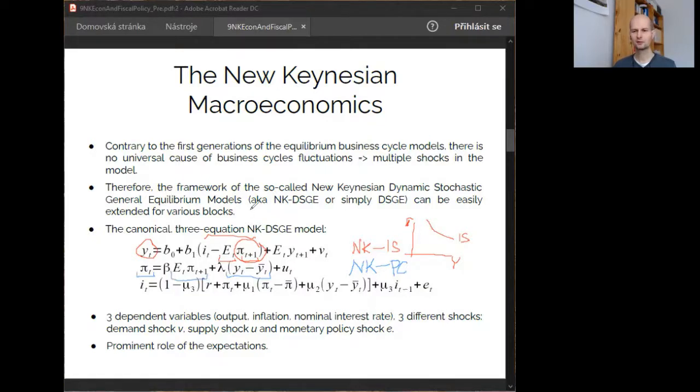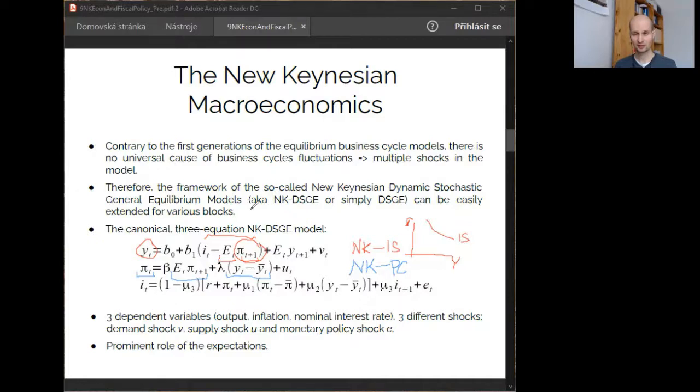By this, the new Keynesian Phillips curve addresses the criticism of the Phillips curve from the new classical macroeconomics of the 1970s, and it also incorporates and is based on similar ideas as the monetary cycle models, in which inflation expectations drive the dynamics.